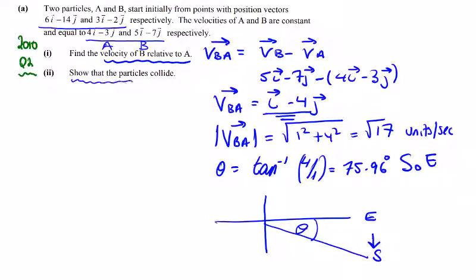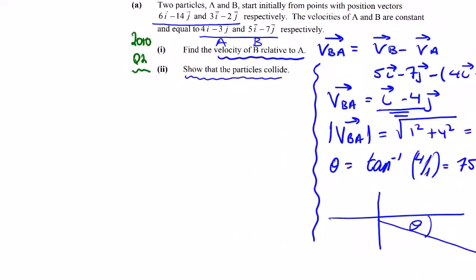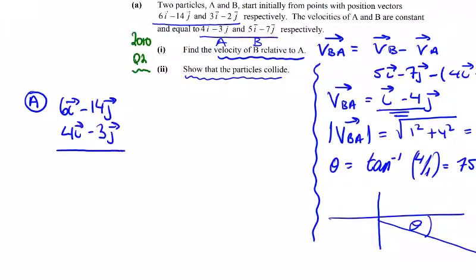Now we're asked to show that they collide. To show they collide, they have to get to the same place at the same time. So A starts at 6i minus 14j, and after 1 unit of time it moves 4i minus 3j, so it's going to get to 10i minus 17j.